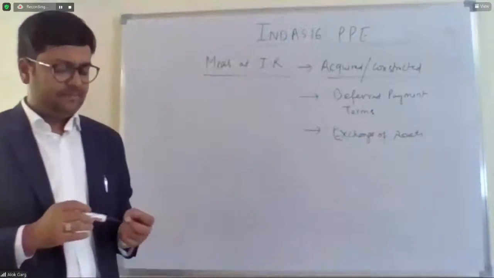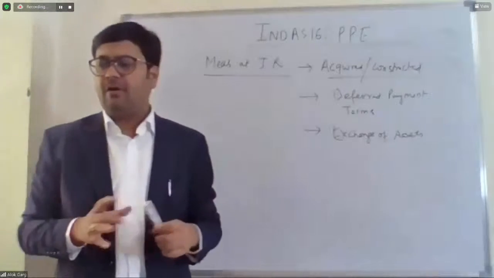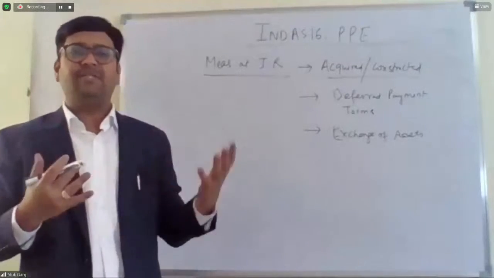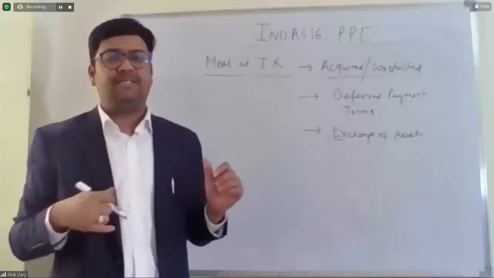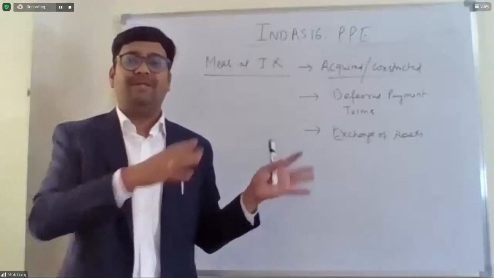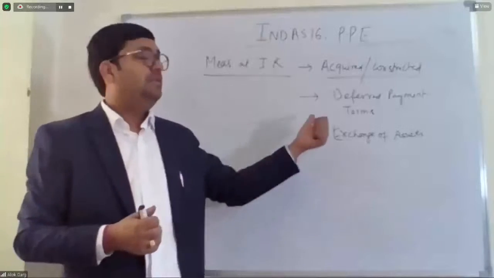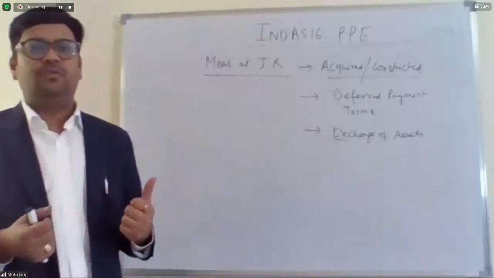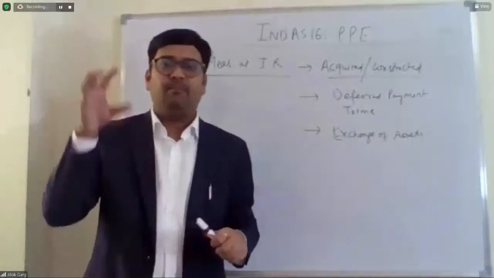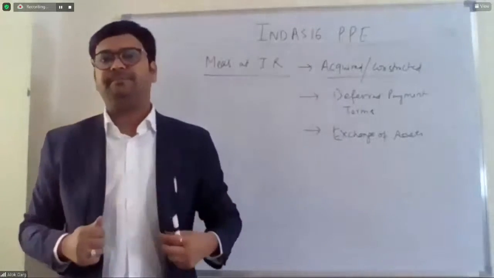So let me explain this. How to acquire an asset? The first thing, you go to the market, purchase an asset. You go to the market, purchase some items. And you need to construct the asset. The third one is deferred payment terms. So you go to the market and buy the asset on a credit basis.